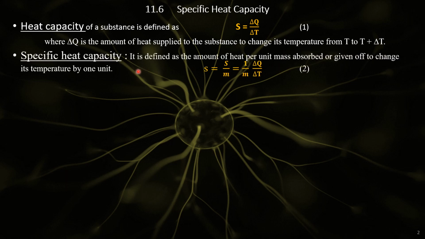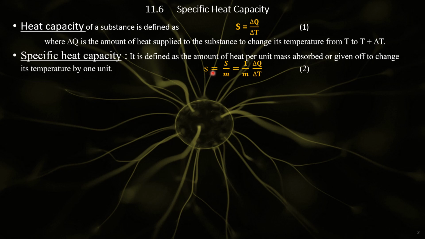Specific heat capacity. There is another type of heat capacity called specific heat capacity. It is defined as the amount of heat per unit mass absorbed or given off to change its temperature by 1 unit, and it is represented by letter small s.